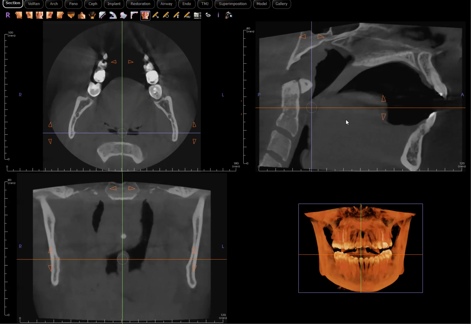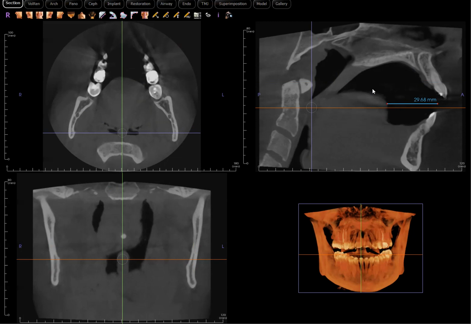And let's see, what makes this case unique is just the amount that this patient has been able to retract his or her tongue.